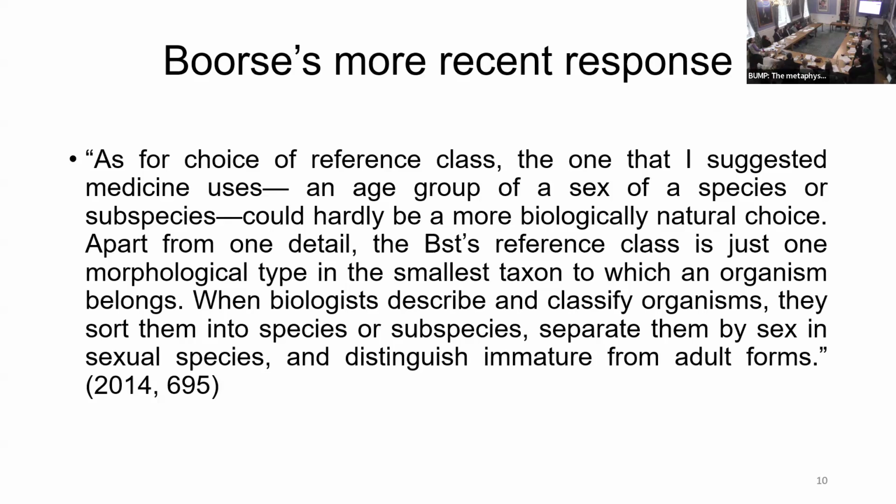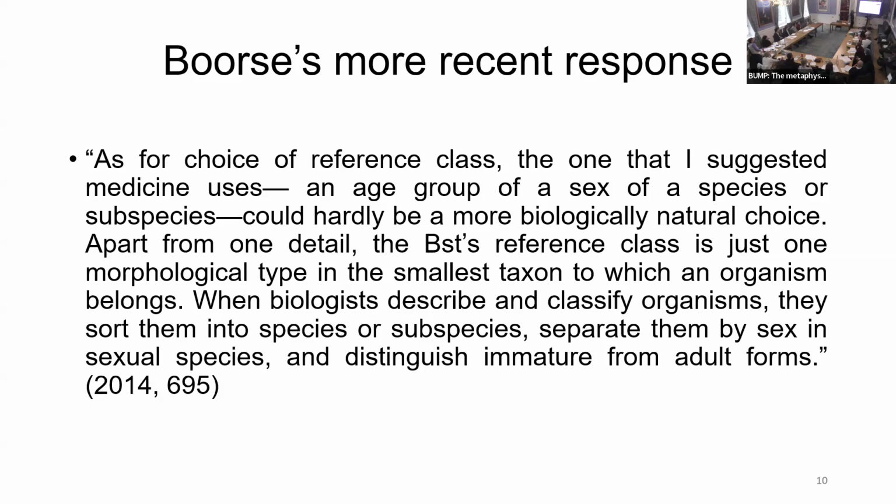Apart from one detail, the BST's reference class is just one morphological type in the smallest taxon to which an organism belongs. When biologists describe and classify organisms, they sort them into species or subspecies, separate them by sex in sexual species, and distinguish immature from adult forms.